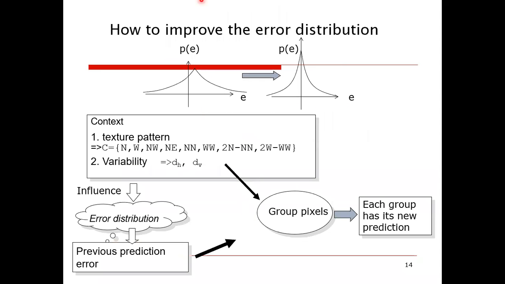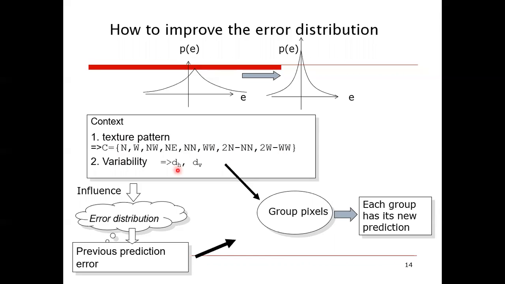See here, first for this you will create a vector of values. How will you create the vector values? You will create the vector values in this way: N, W, NW, NE, NN, WW, 2N minus NN, 2W minus WW.